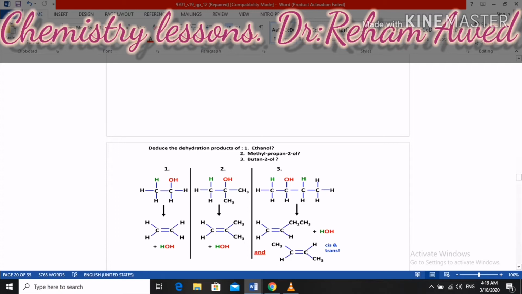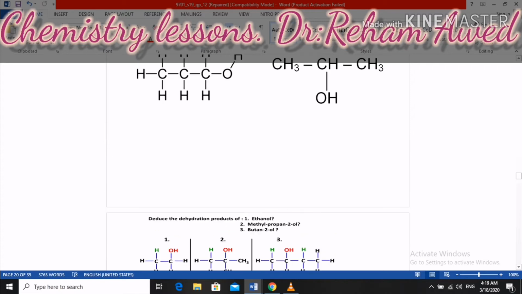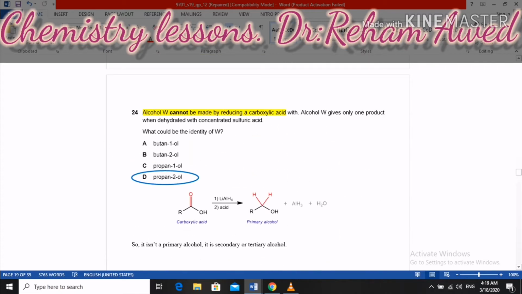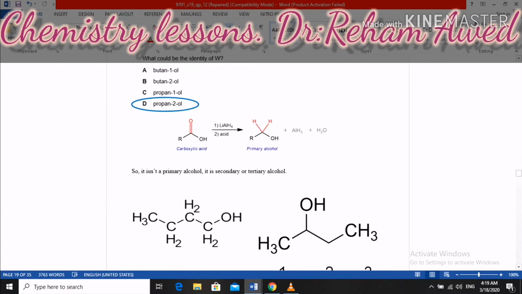So we are talking about two different products. So when we dehydrate butan-2-ol, it will produce two different products. So, of course, the alcohol which will produce only one product is propan-2-ol. It is the correct answer.